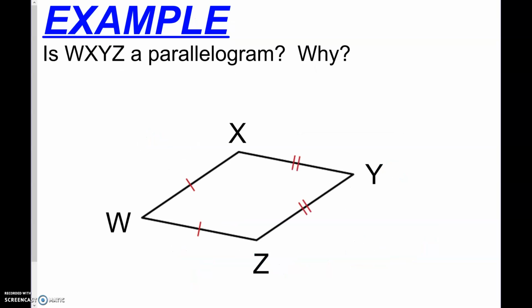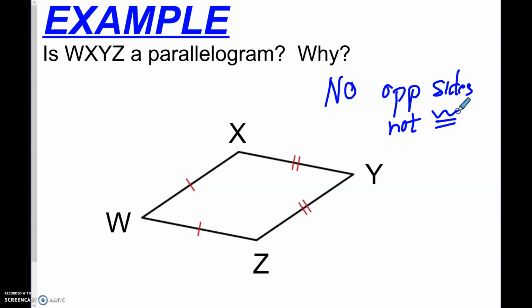All right, is WXZY a parallelogram? All right, we got two pair of congruent sides, but are they the opposite sides? No. Opposite sides are not congruent. All right, this actually is a kite.